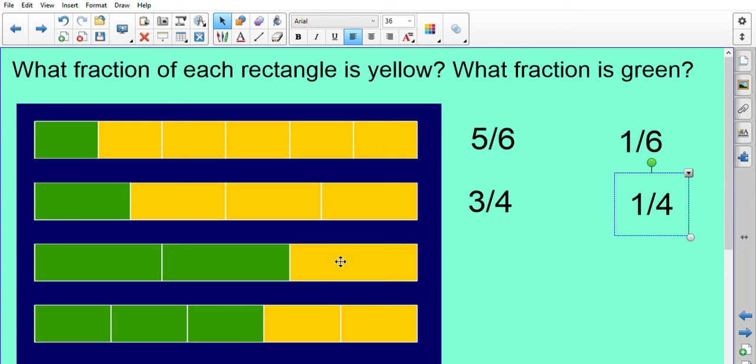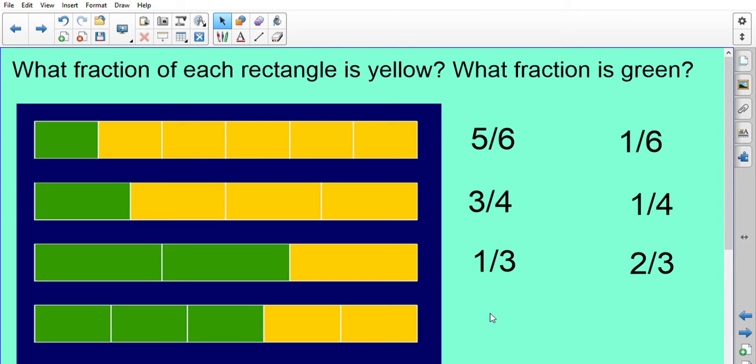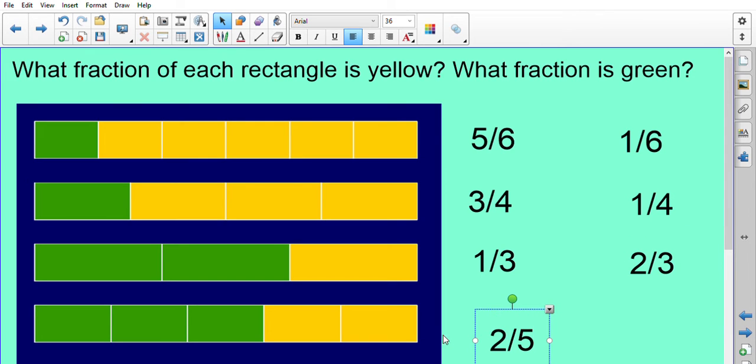In the rectangle below, we've got 3 equal parts, 1, 2, 3, so that's thirds, and we've got 1/3 is yellow, and then 2/3 are green, 2 out of the 3 are green. And then in our final shape, we've got it divided into 1, 2, 3, 4, 5 equal parts, so that's our denominator, 5ths. 2 of them are yellow, so 2 out of 5 are yellow, 2/5 are yellow, and then we've got 3/5 are green.